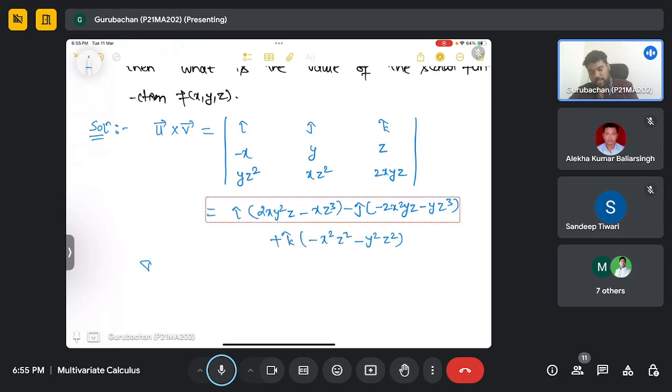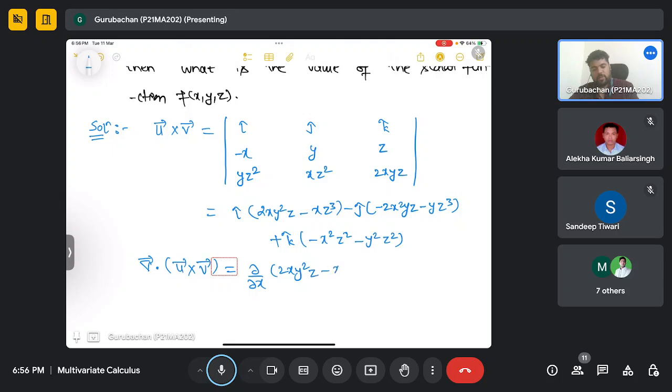Next task is to calculate its divergence, that is del dot u cross v. That means del by del x of 2xy square z minus xz cube plus del by del y of, this one is with positive sign, minus minus will become positive, 2x square yz plus yz cube plus del by del z of minus x square z square minus y square z square.